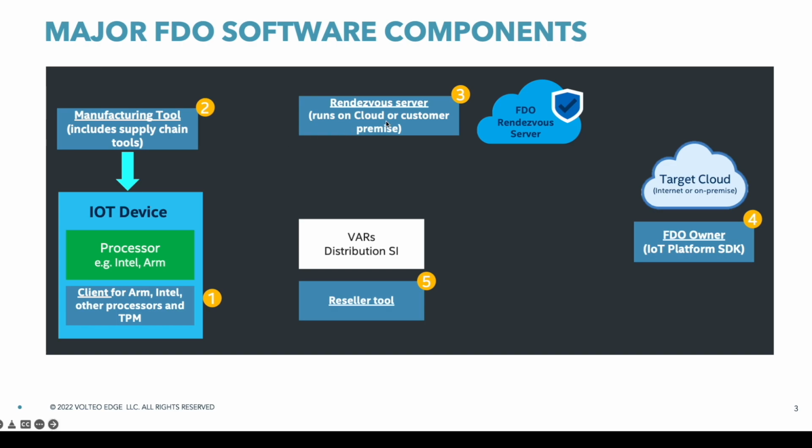There is a rendezvous server, which is sort of a DNS type function for all devices that are going to be onboarded at a later time. And there is the FIDO ownership server, which is where the device will finally connect and be provisioned by the owner. In addition, there's a reseller tool. If this product is to flow through a reseller, then there's a tool the reseller uses to validate and then re-sign the vouchers on the way to the final recipient.